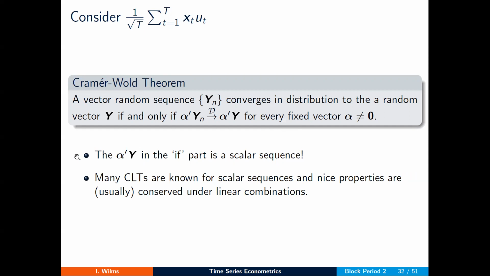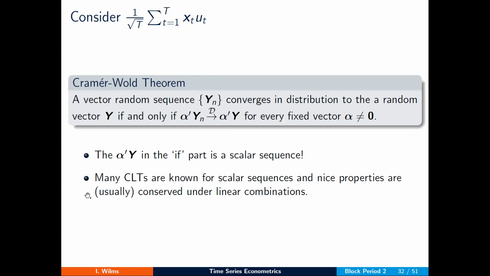Okay, so why is this theorem so useful? Well, the relevant part in the statement is this if and only if expression, which means that if we can show that this linear combination converges to that linear combination for every alpha, well, then we get the distributional convergence for the vector for free through the Cramer-Wold theorem.